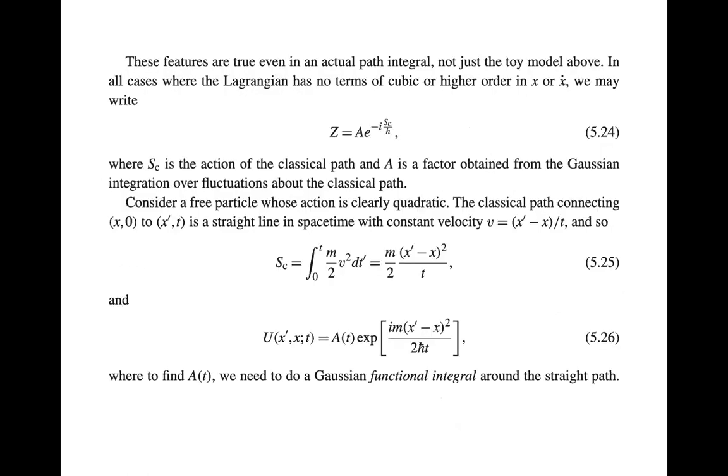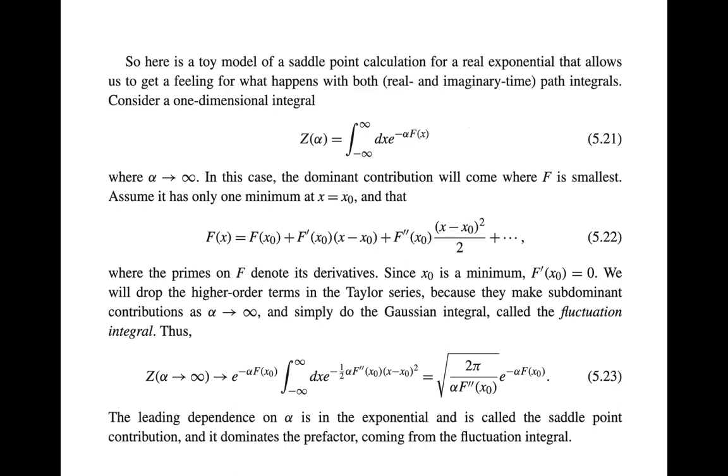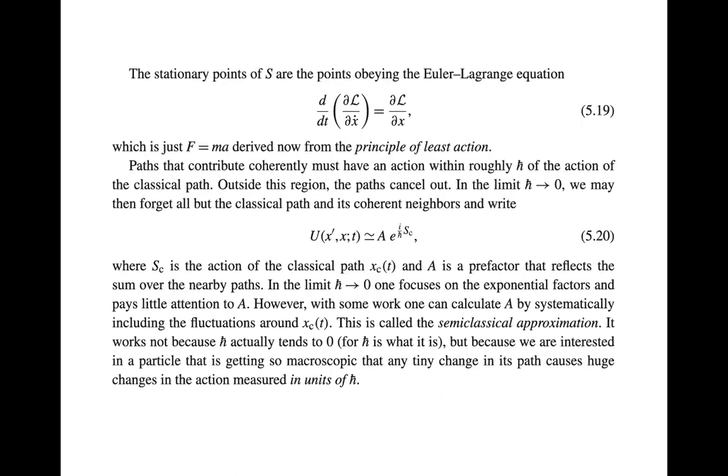Excuse me, Professor. Yes, the question. Could you go to the previous page? Well, I mean, if the action S is imaginary, what does it mean? What's the physical meaning of it? Physical meaning of what? Of action S being an imaginary number.